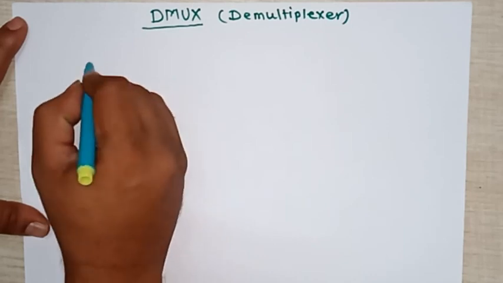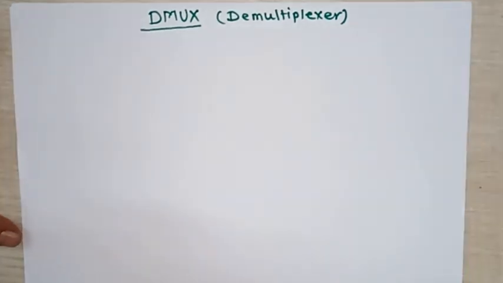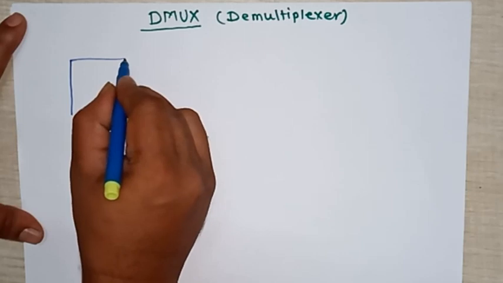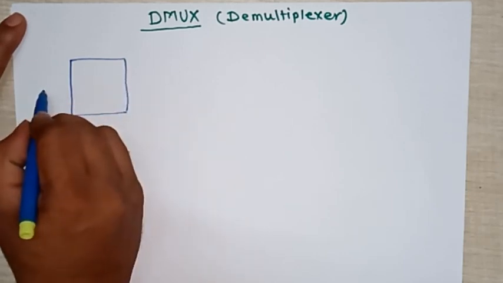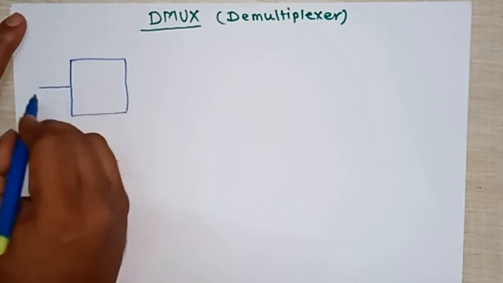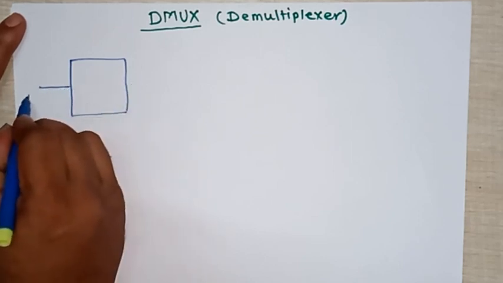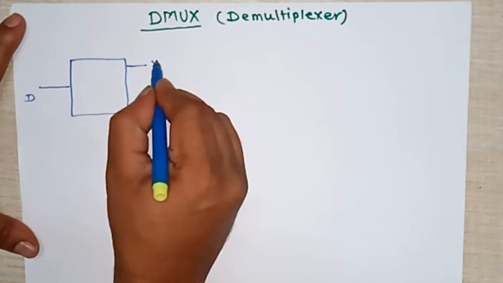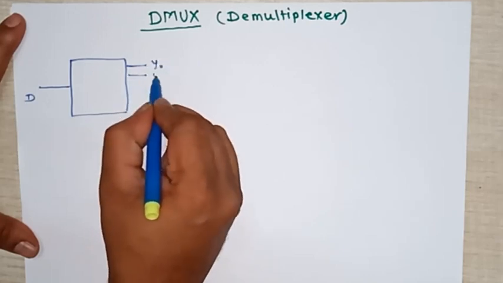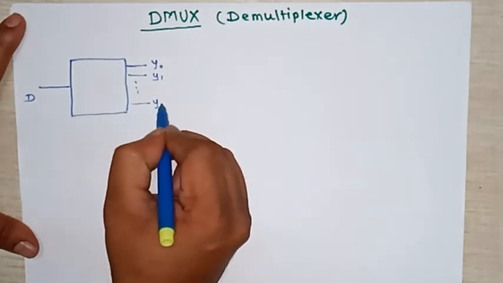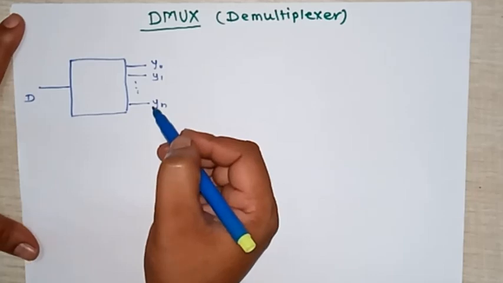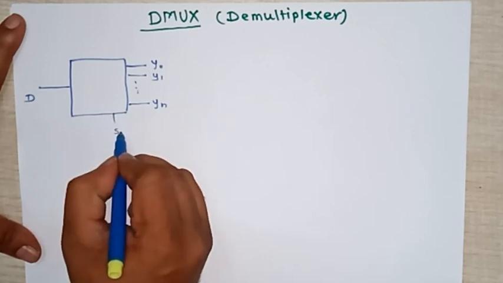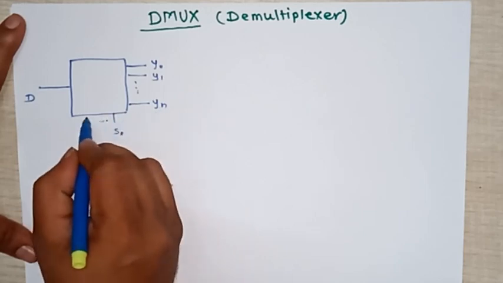In a demultiplexer, there is a single input, referred to as D, and n number of outputs, y0, y1 up to yn, and m number of select lines are also there, from S0 up to Sm.